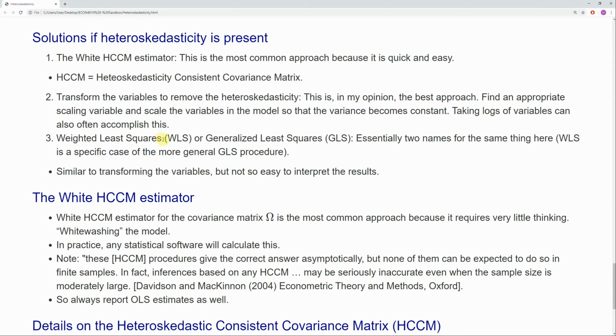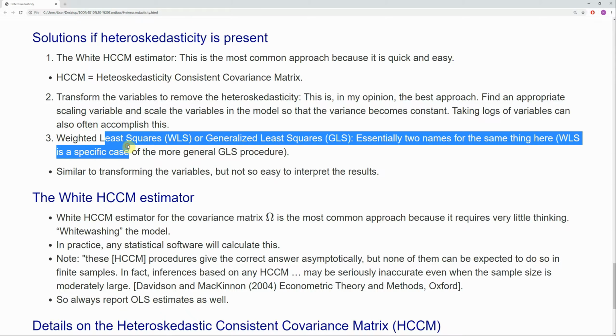And one other way is using weighted least squares or generalized least squares. So rather than just using optimization algorithms in your linear regression that try to give you the least amount of error for all the observations kind of equally with no different weights, in this case you're assigning weights.